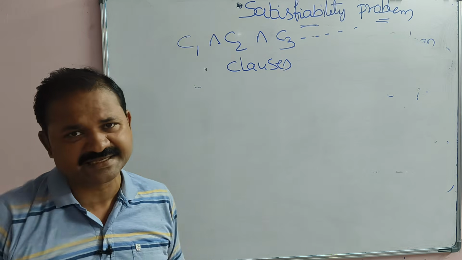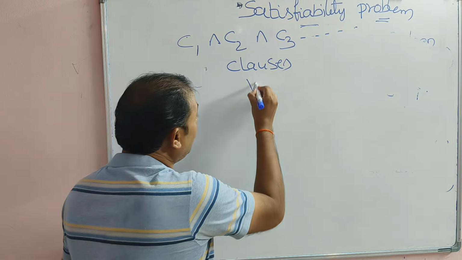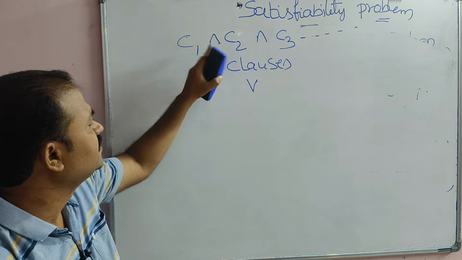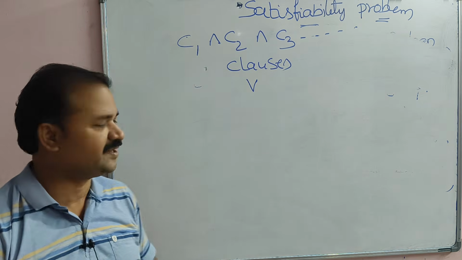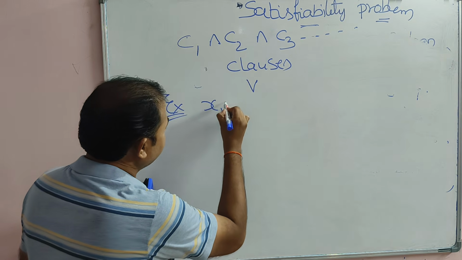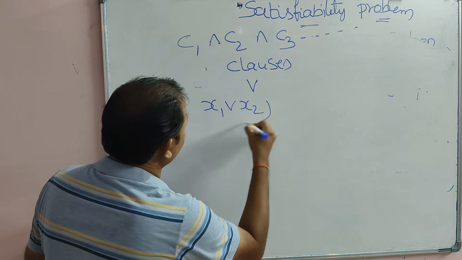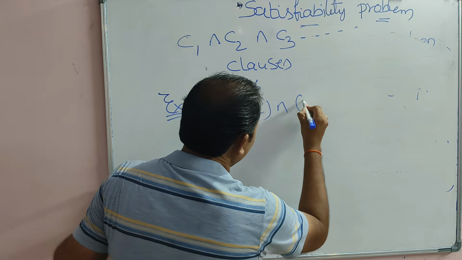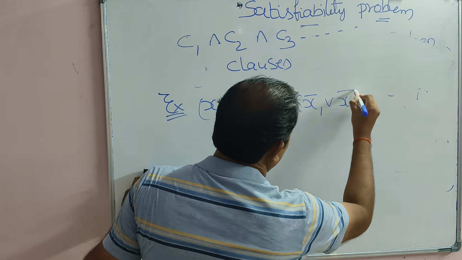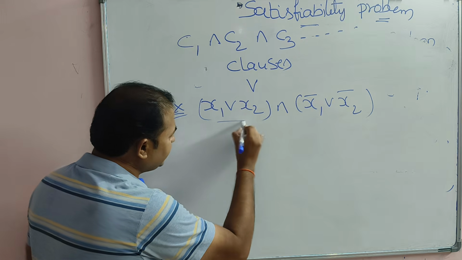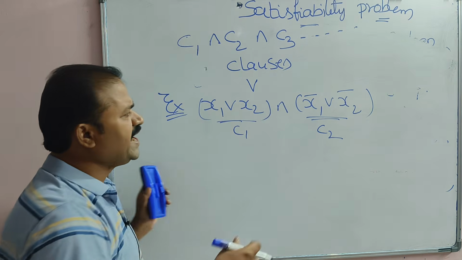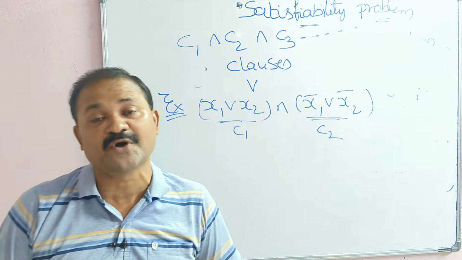Inside the clauses we have to use the OR symbol, whereas between the clauses we have to use the AND symbol. The example is like this: (x1 or x2) and (x1 bar or x2 bar). This is C1, and this is C2. Likewise we can use n number of clauses.